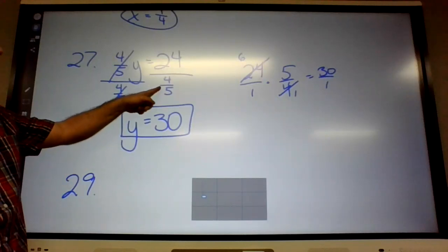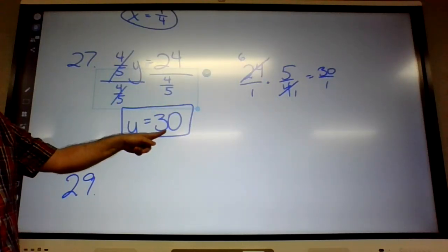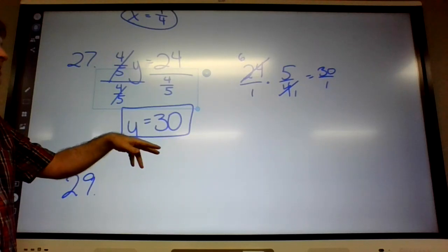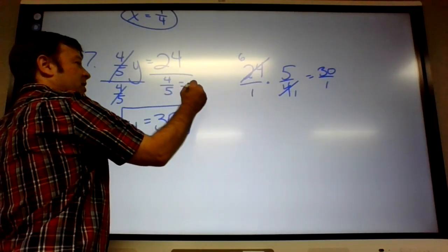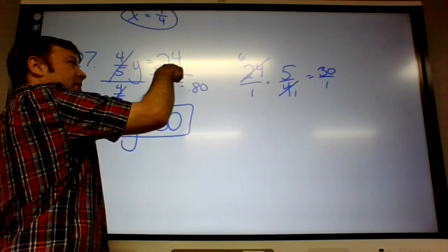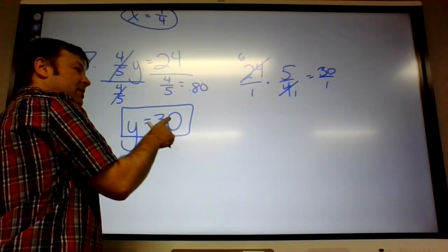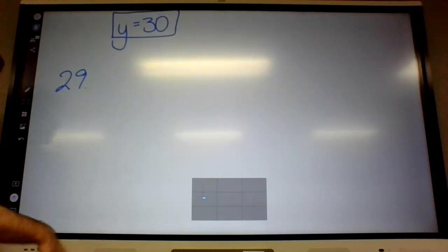So this means how many 4/5 can go into 24? And the answer is 30. It's kind of like 4/5 is like 0.8, like 80 cents. How many 80 cents profits would you need to make $24? And that would be 30. So hopefully that makes sense.